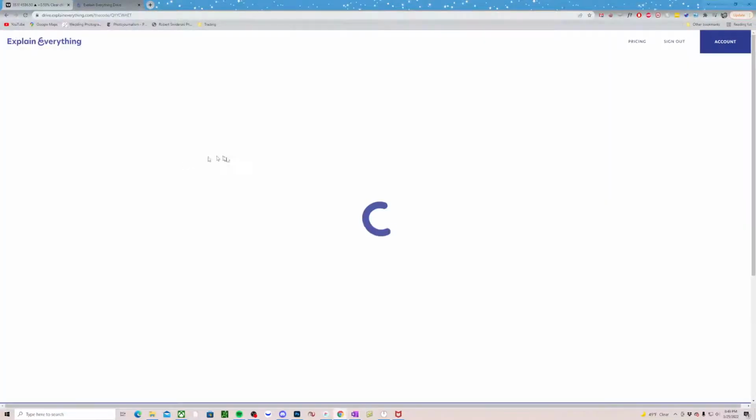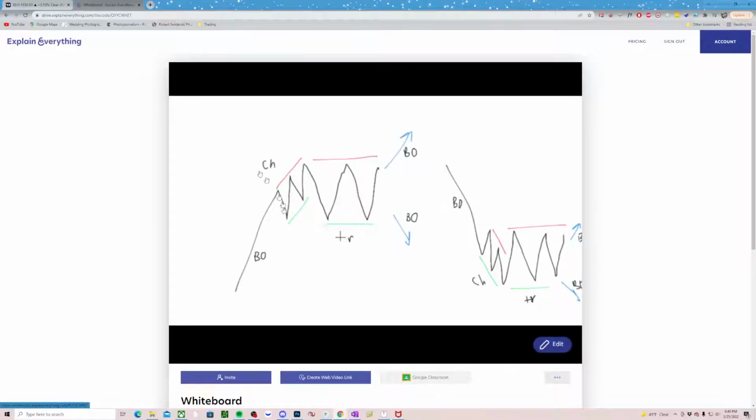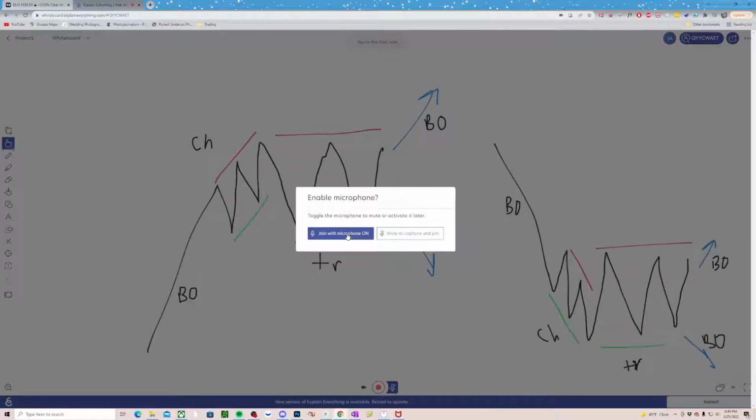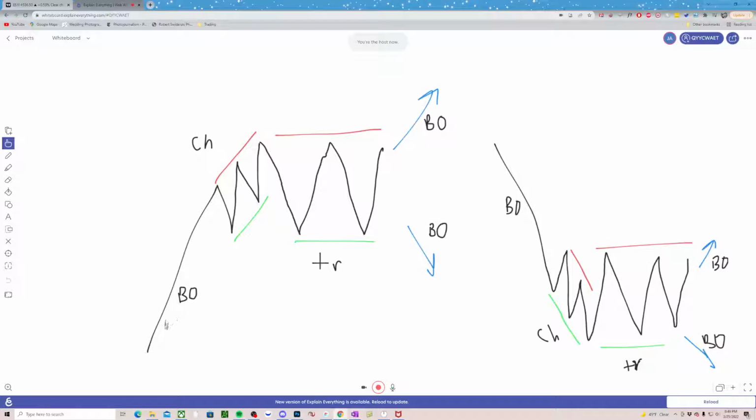I think I've explained this so many times, but I'll just do it one more time. Price always starts moving from a breakout, and then it loses momentum, and you start to get pullbacks. And these pullbacks form what we call a channel. So in a breakout, you don't have pullbacks, and in a channel, that's when you're having pullbacks.